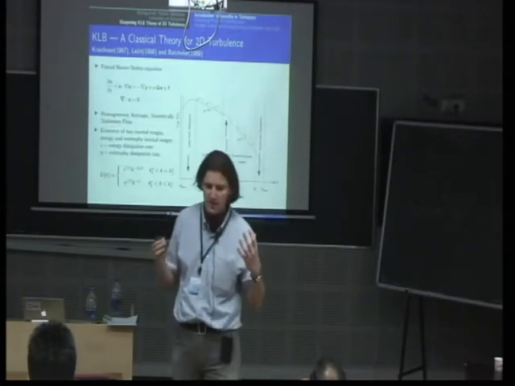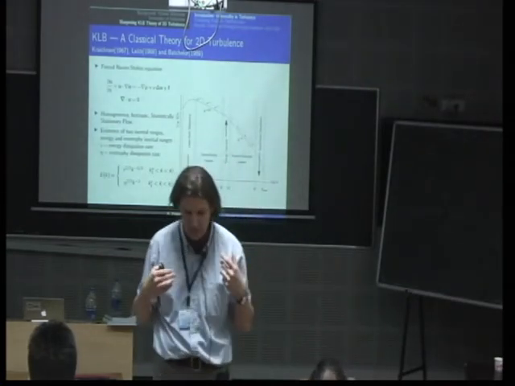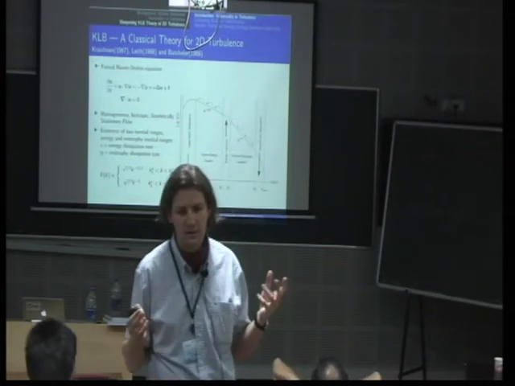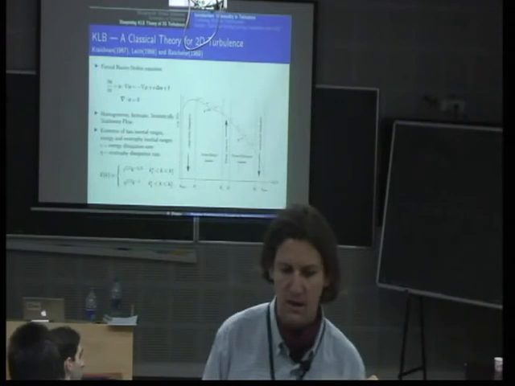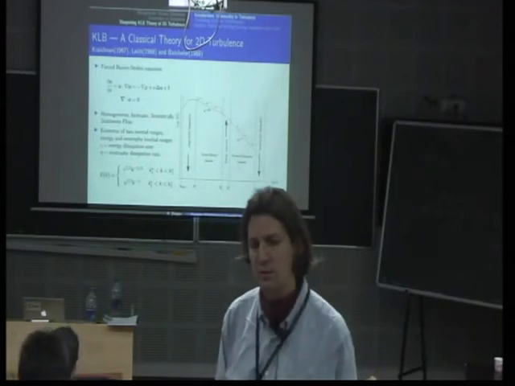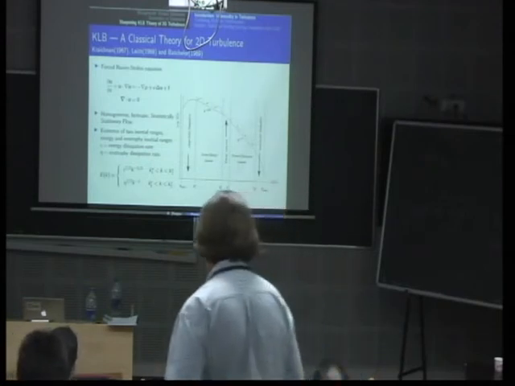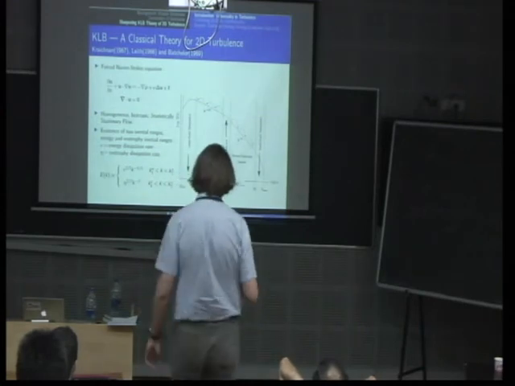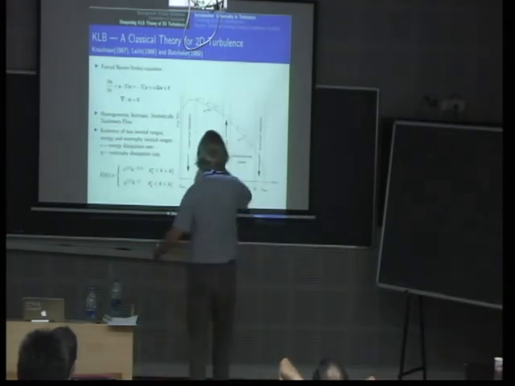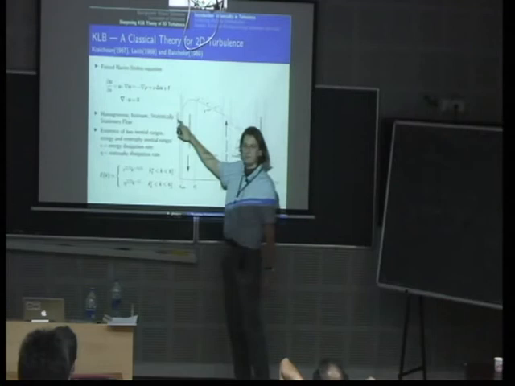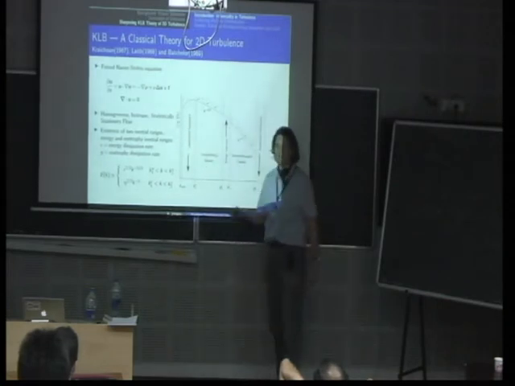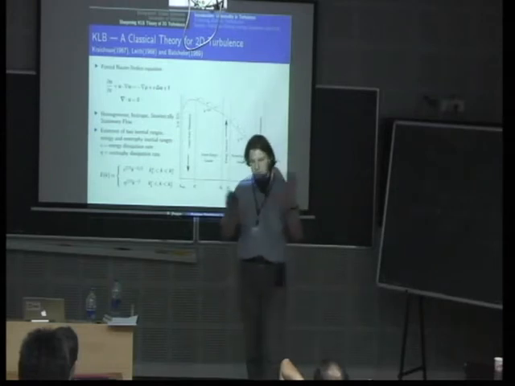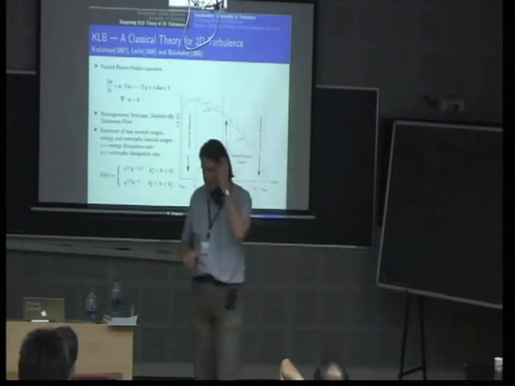This is just a scaling argument, which predicts how the spectrum of the velocity field should scale with the wave number. For these problems, people typically work with the energy spectrum, which is basically the spectral density plotted as a function of the wave number. That's the key quantity of interest in this very large community.